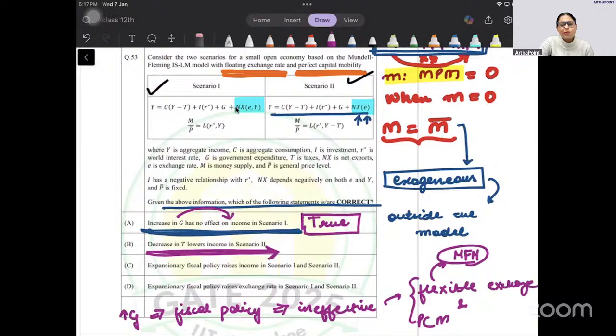Okay. So this is very, very interesting. The answer is true.